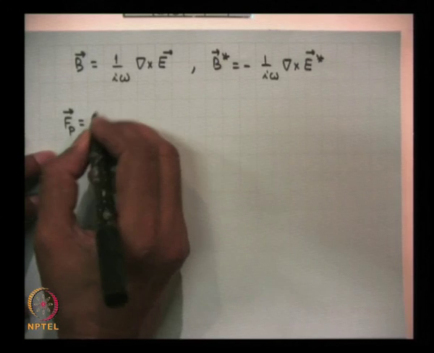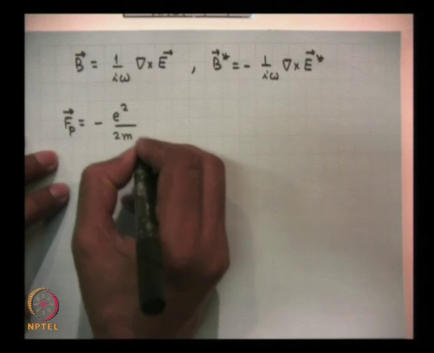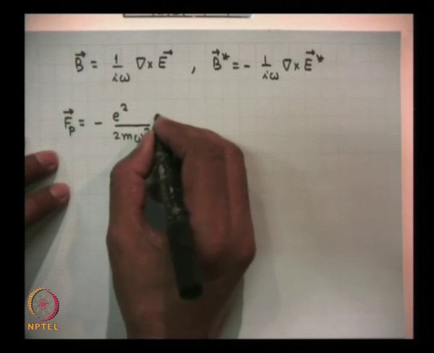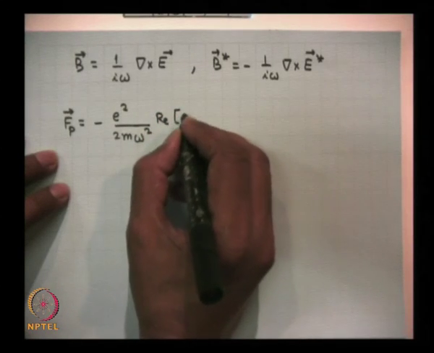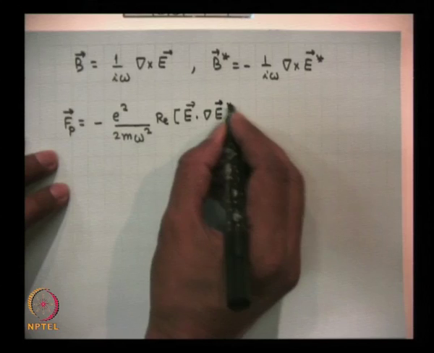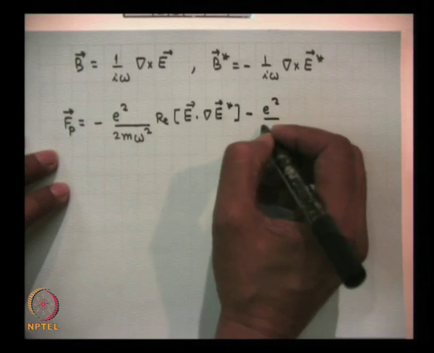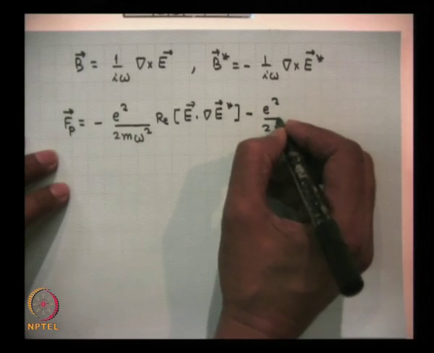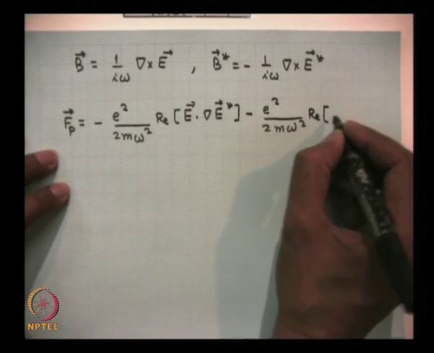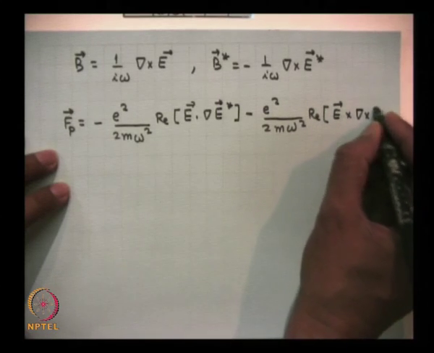In the previous case, it actually had a negative term, minus e squared upon 2mω squared, and real part of E dot del E star, minus e squared upon 2mω squared, and you will get real part of E cross curl of E star.